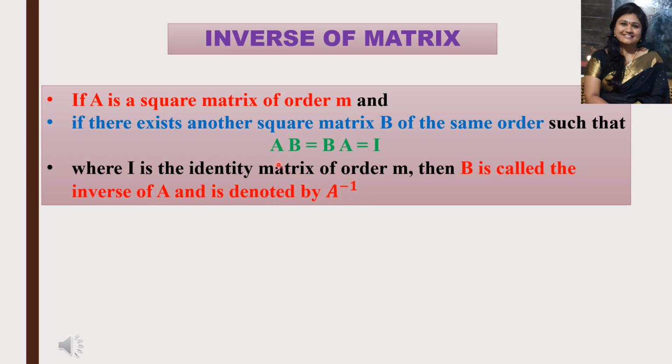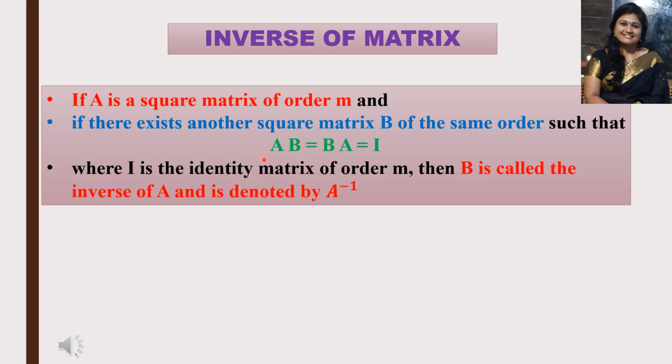So the main definition for the inverse of a matrix is A into B equals B into A equals I, where I is the identity matrix of the same order as A and B.